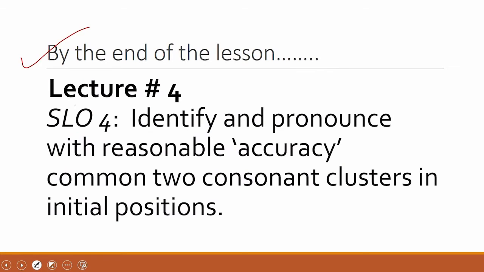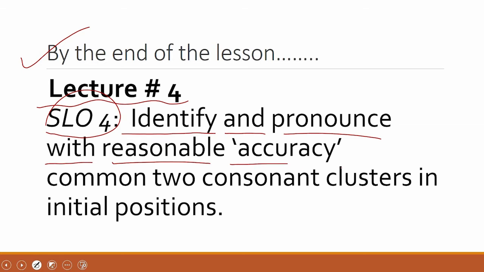By the end of this lesson, students will be able to identify and pronounce with reasonable accuracy common two consonant clusters in initial positions.